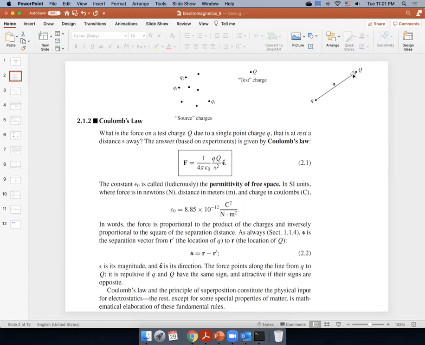So it's an ideal case. In this case, the force between those two charges can be described by Coulomb's law, which is shown here.